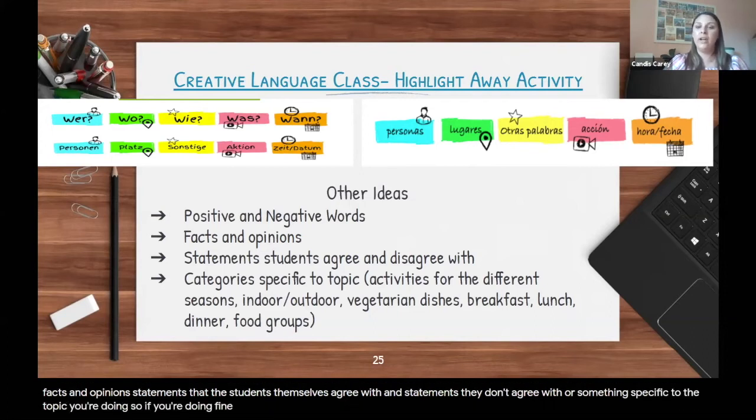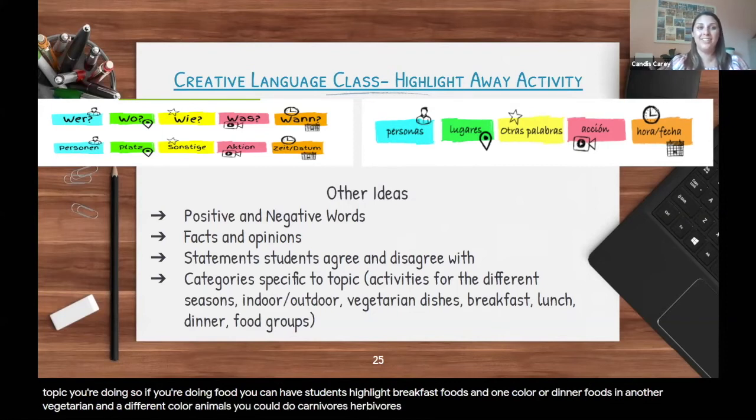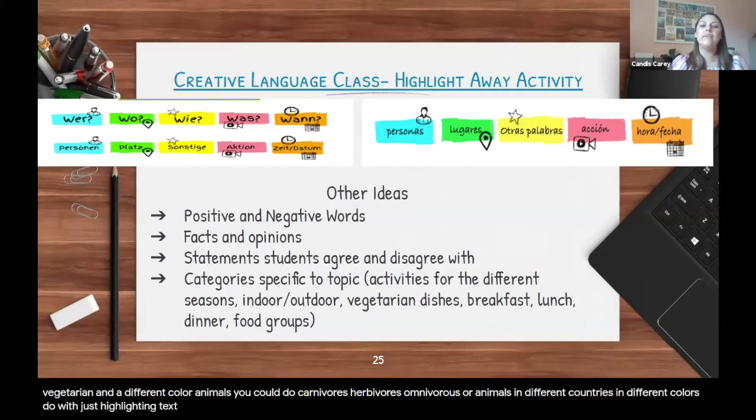So if you're doing food, you can have students highlight breakfast foods in one color, or dinner foods in another, vegetarian in a different color. Animals, you could do carnivores, herbivores, omnivores, or animals in different countries in different colors. So there's so many things you could do with just highlighting text, having the students highlight what they understand, and again, pluck out and focus on what they do get.